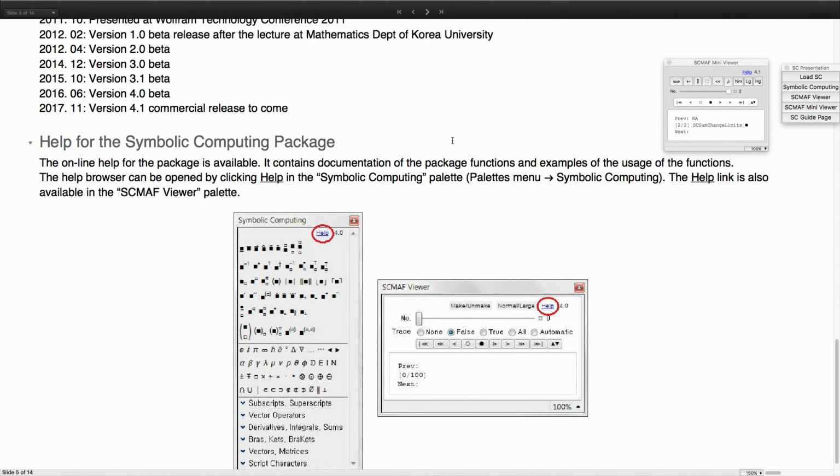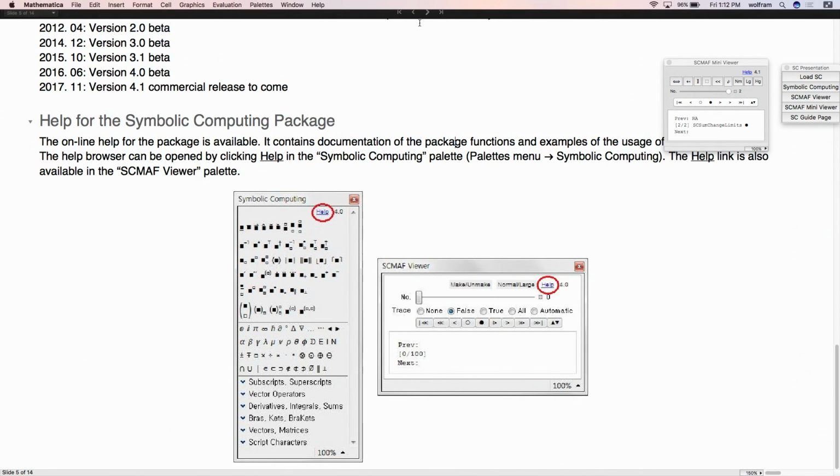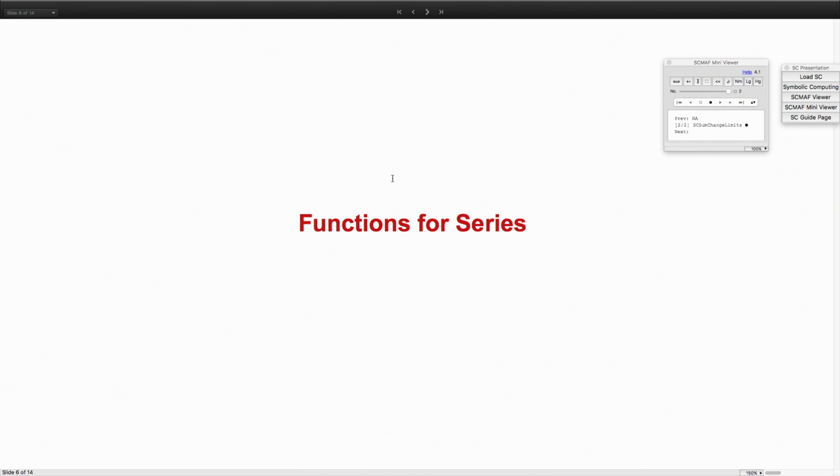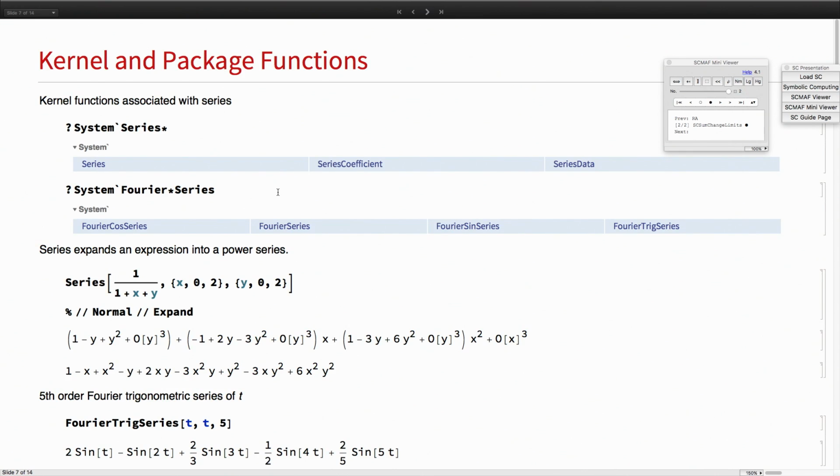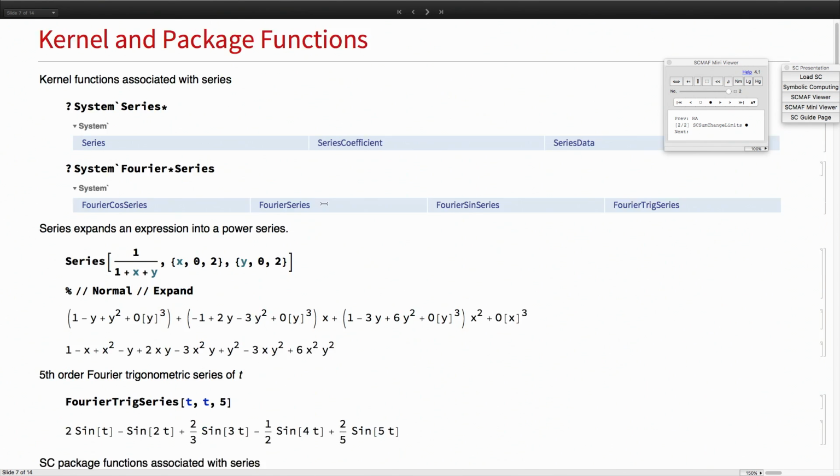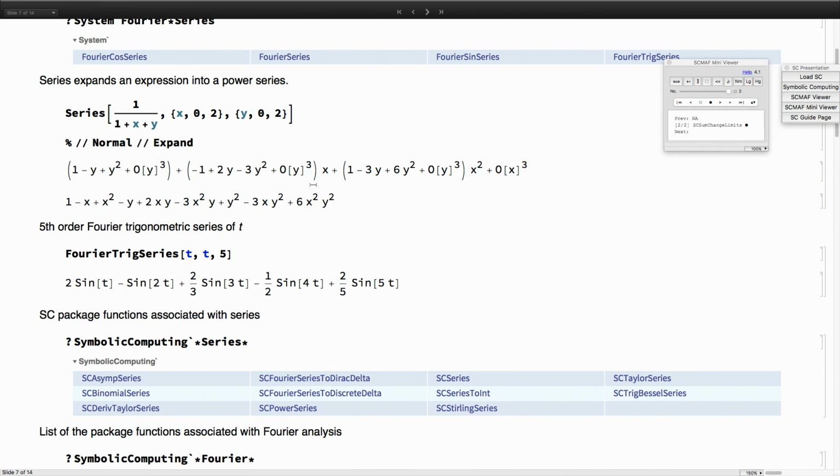Okay. All right. The functions for series. There are several core and package functions associated with the series. The Series function expands, for example, this up to the second degree of x and y. But the problem is we have up to fourth order if x and y are small quantities.